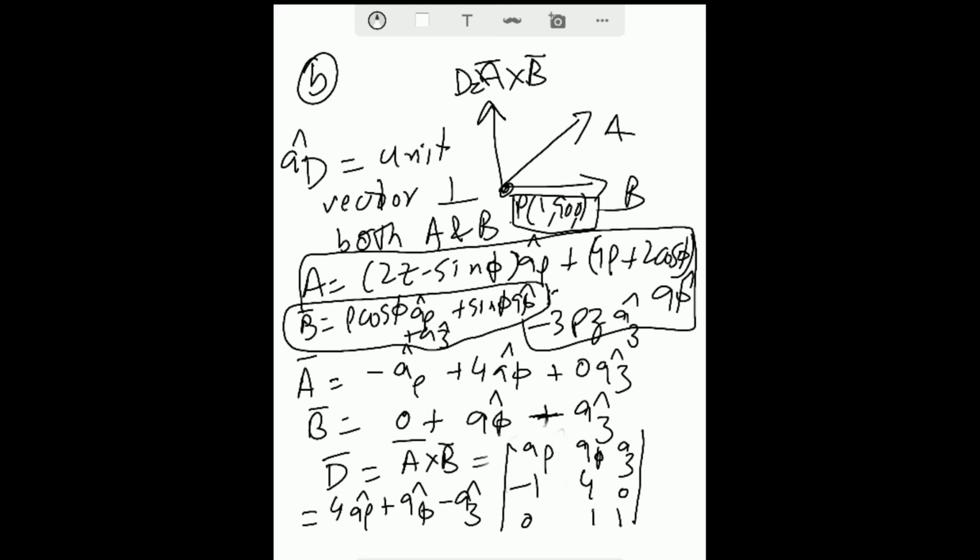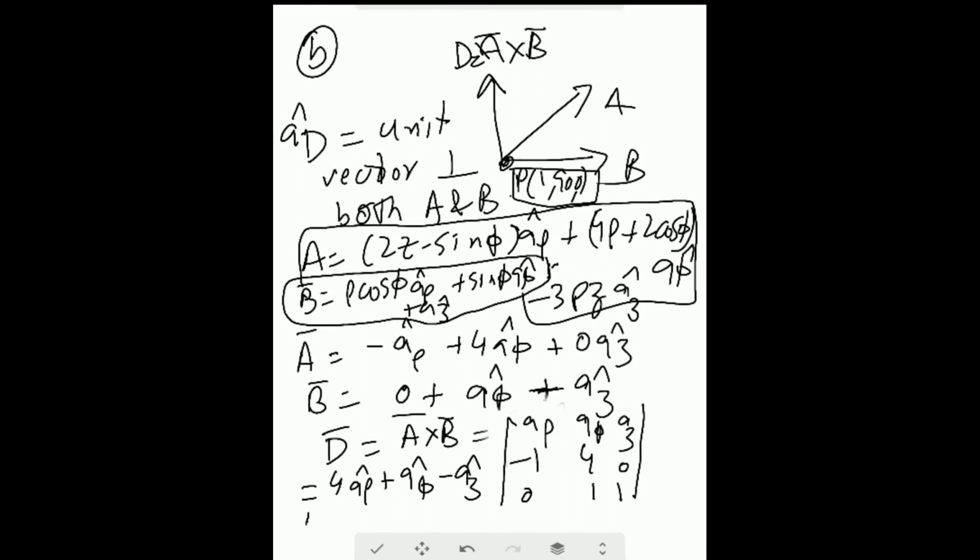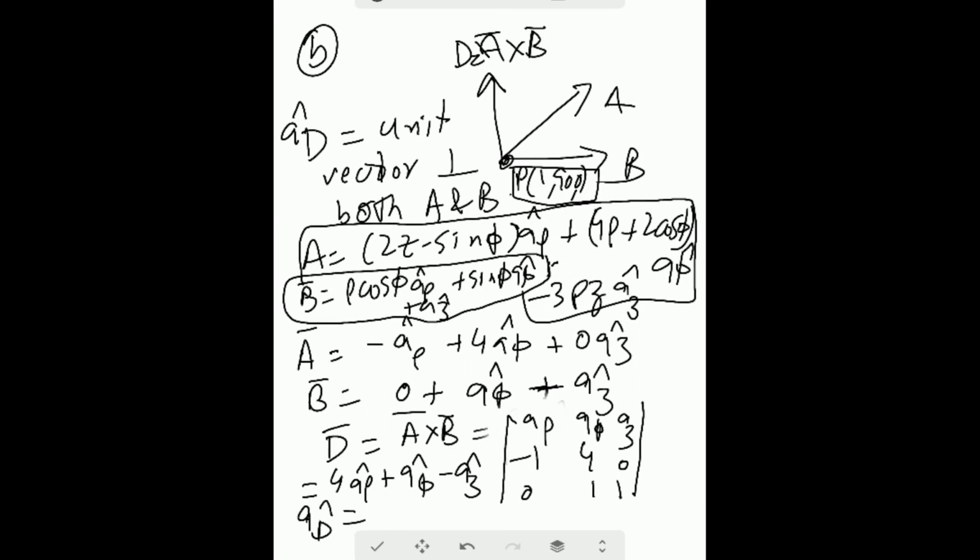So this is my D vector, but I need to find the unit vector of D. So the unit vector of D, a_D, will be just the D vector divided by the D magnitude, and if we divide this we can do it ourselves, and this comes out to be 0.94 a_rho plus 0.23 a_phi minus 0.23 a_z.